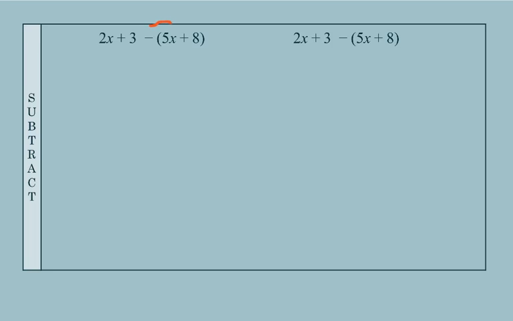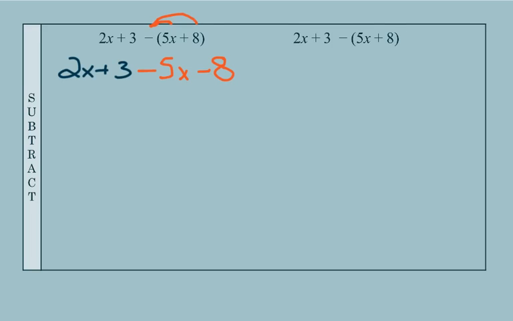So let's distribute that negative here and just rewrite this problem. So this is actually 2x plus 3 minus 5x minus 8 as well.